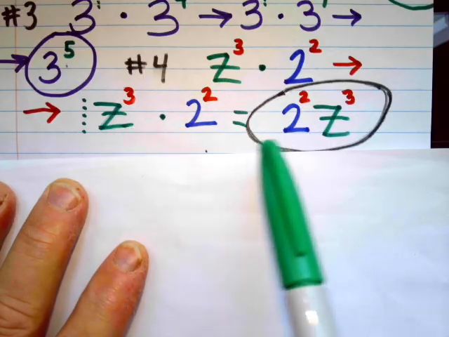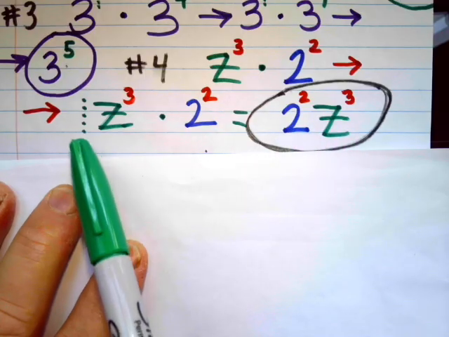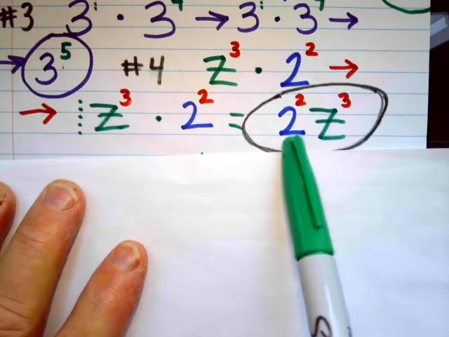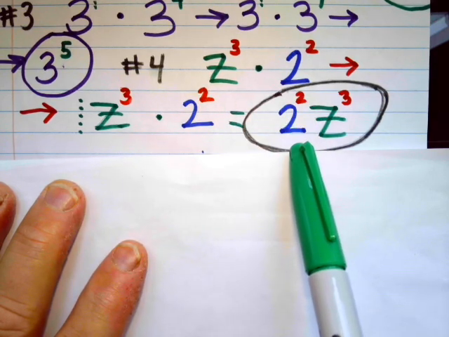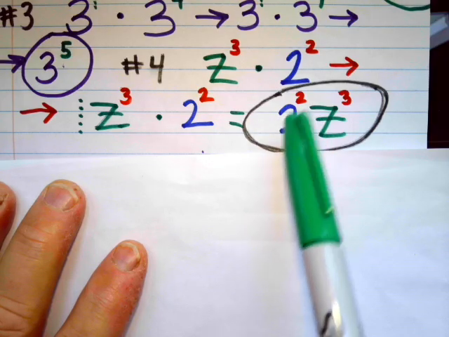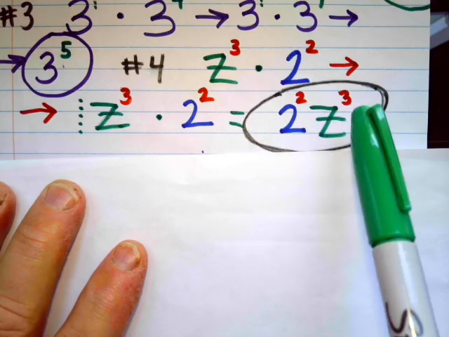Z to the 3rd power just stays attached through multiplication. And z was attached to that invisible 1. 2 times 1 is 2. And that power of 2 is attached to that coefficient now of 2, which just simply means 2 times 2. 2 times itself, 2 squared. 2 times 2 is 4z to the 3rd power.